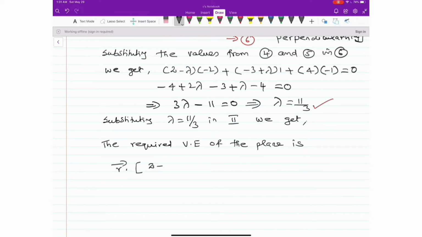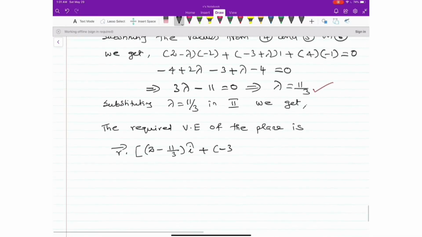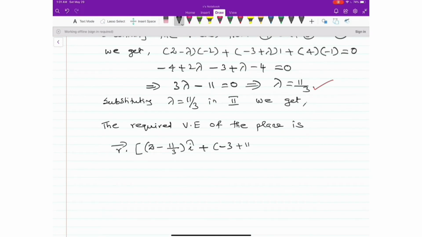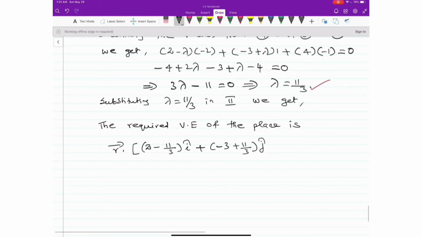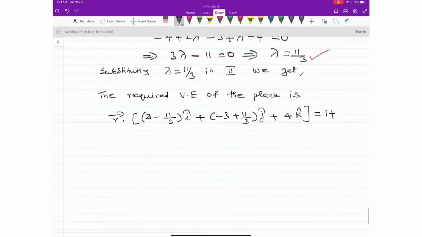So 2 minus 11 by 3 into i cap plus (minus 3 plus lambda), so minus 3 plus 11 by 3 into j cap, then plus 4 k cap is equal to 1 plus 4 lambda. 1 plus 4 lambda.